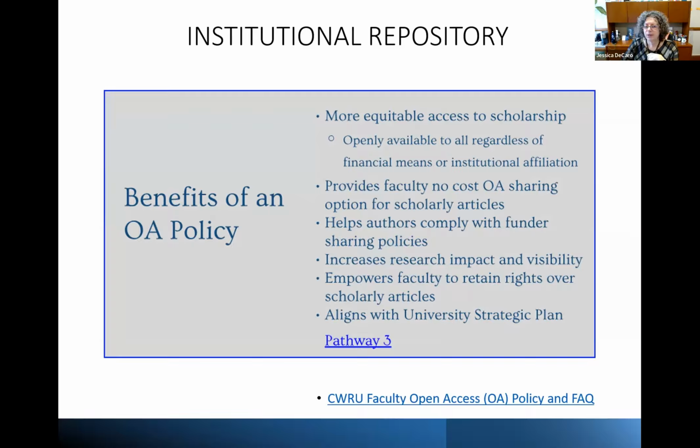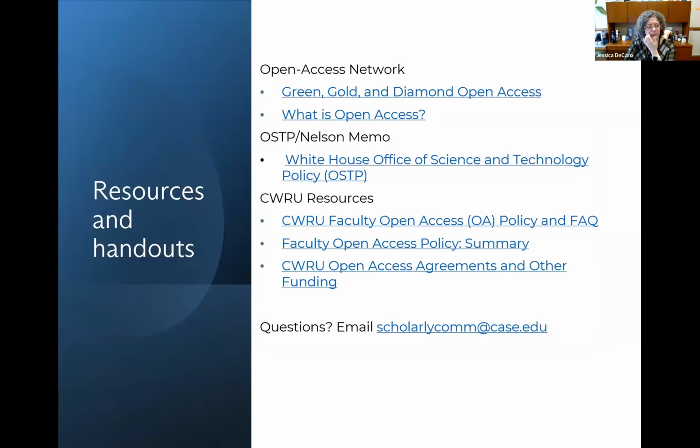It helps authors to comply with funder sharing policies and increases your own impact and visibility, etc. So I think that this policy was a really good move on the part of the faculty to be able to approve this, and I strongly encourage everyone to upload their work into our repository.